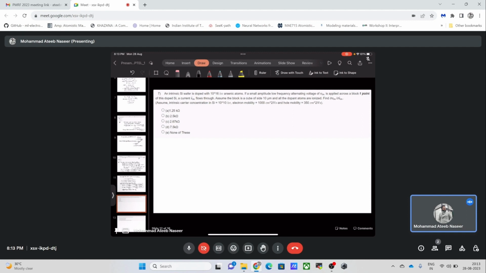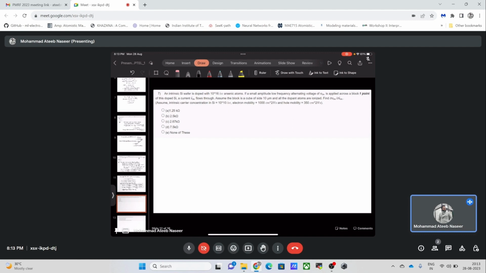Arsenic will act as donor impurities, as a result of which the material will be n-type. If a small amplitude low frequency voltage V in is applied across the semiconductor block, the current I in flows through it.